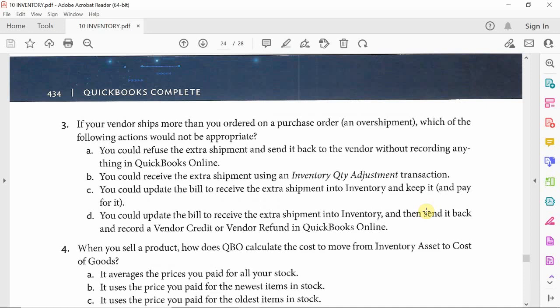So if your vendor overships you too many items, which one would not be appropriate?